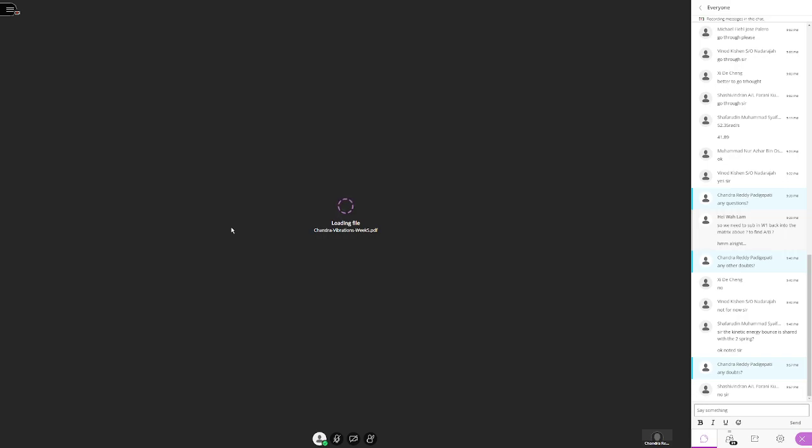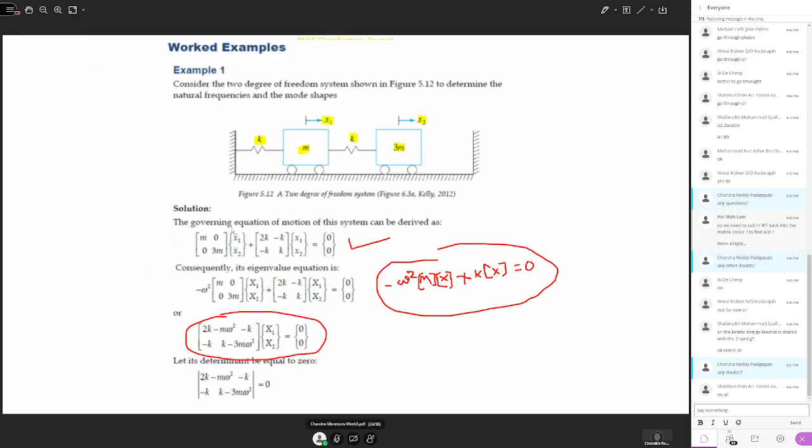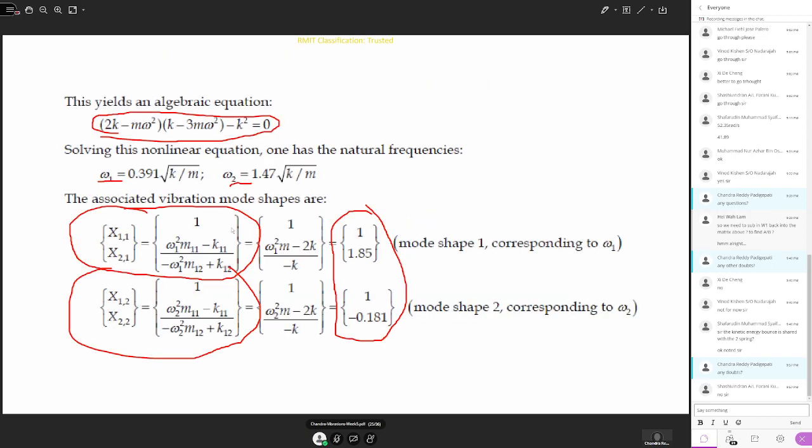Here omega 1 is given, x 1 1, x 2 1 is given, omega 2 is given. So we know these things.